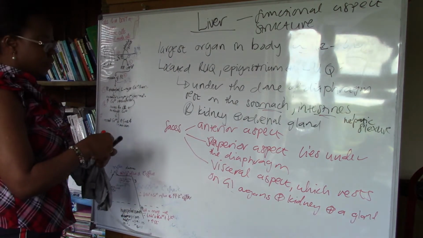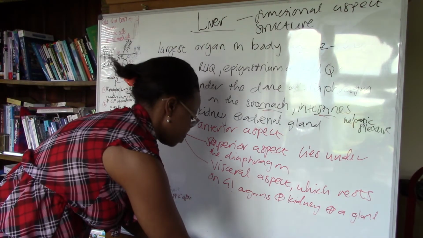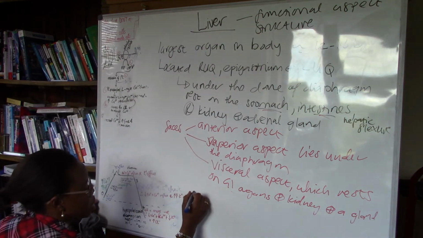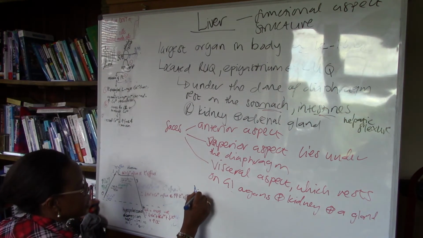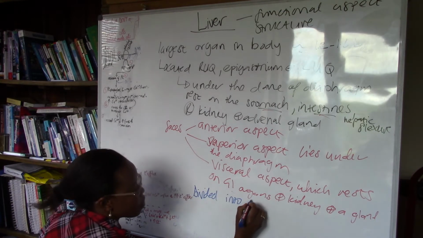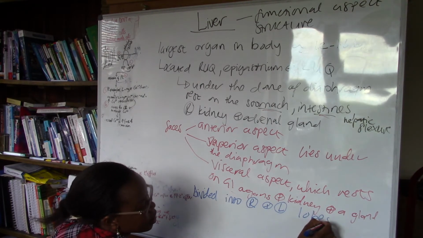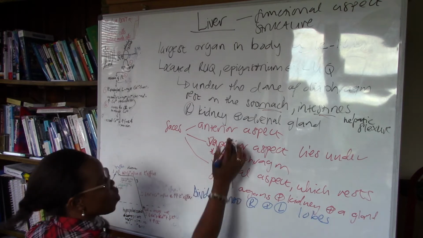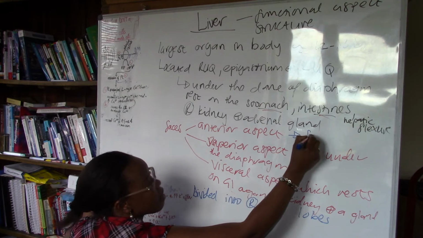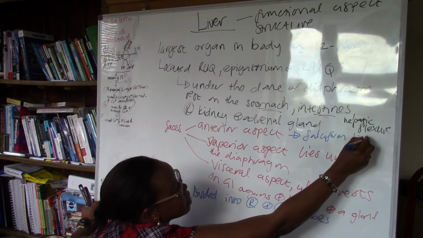And that really makes it easy. So the liver is divided into the right and left lobes, and that division on the anterior aspect is formed by the falciform ligament.